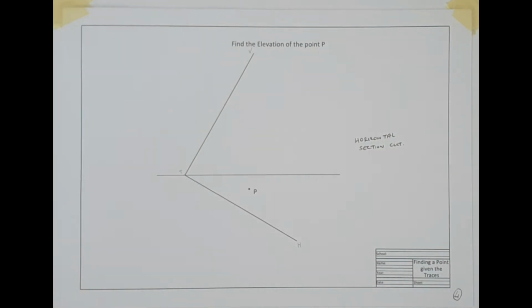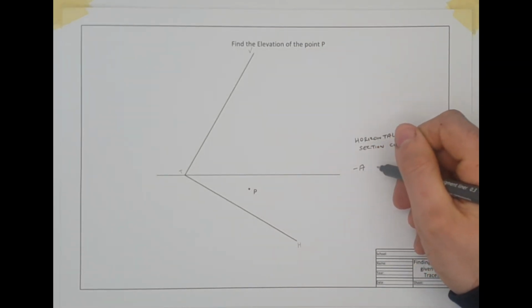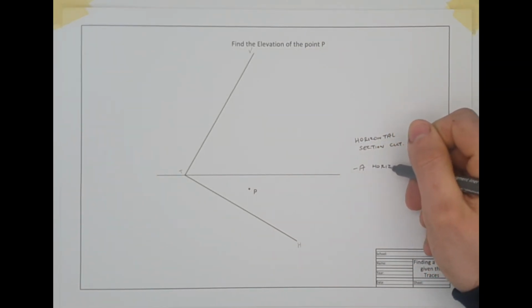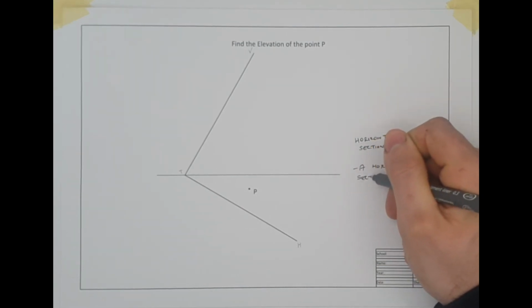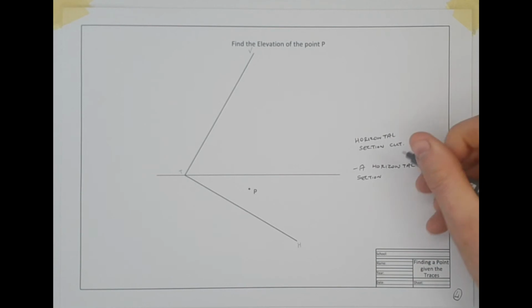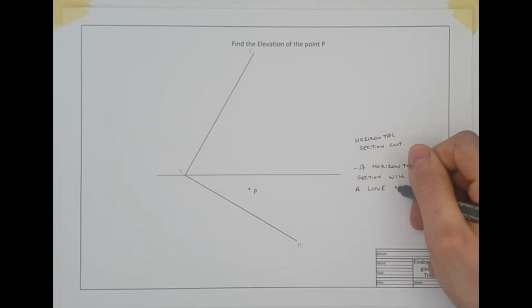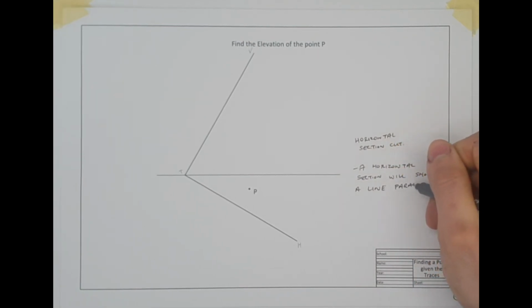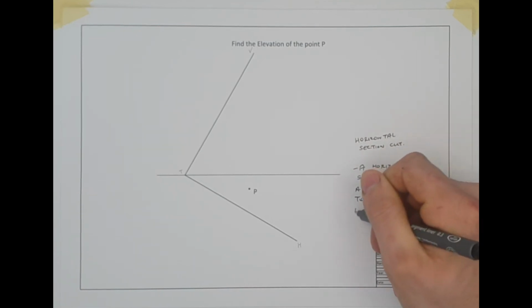I would suggest you drop the note down there of what you're using. And the second note is: a horizontal section will show a line parallel to the horizontal trace.